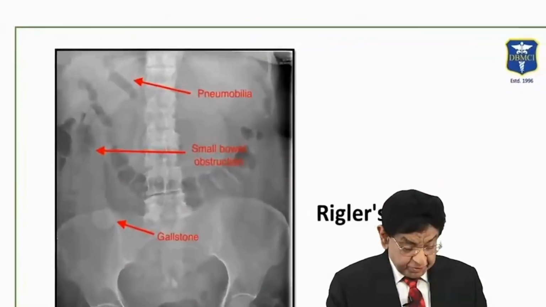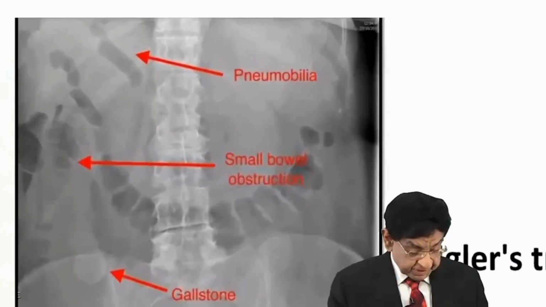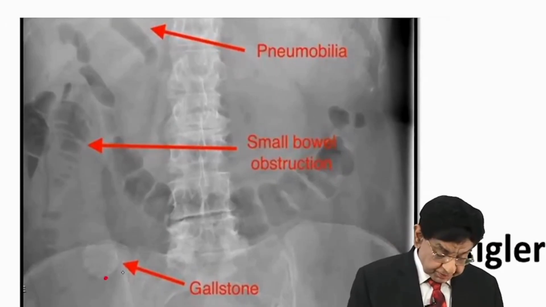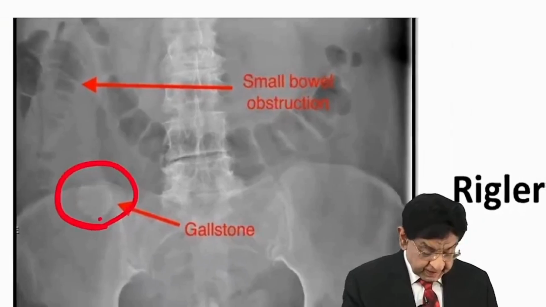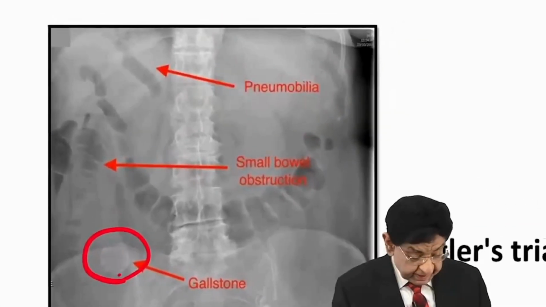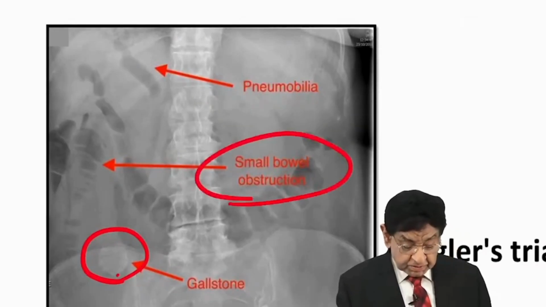Lovely diagram, beautiful picture. I'm enlarging it. So we have a gallstone. I hope you can see it. Yes, I have enlarged it to the maximum. We are getting small bowel obstruction.